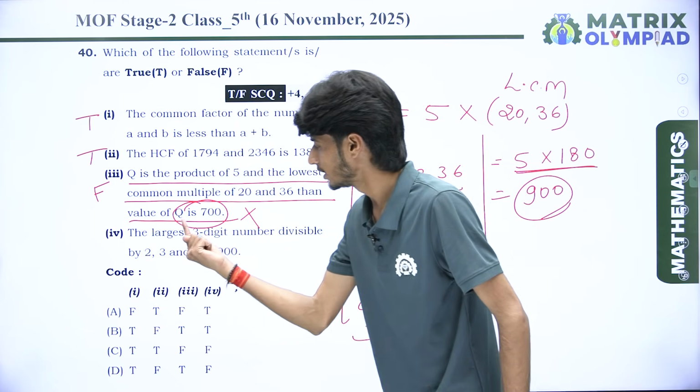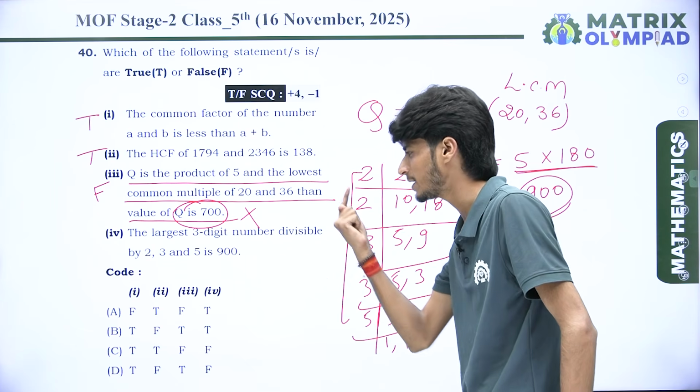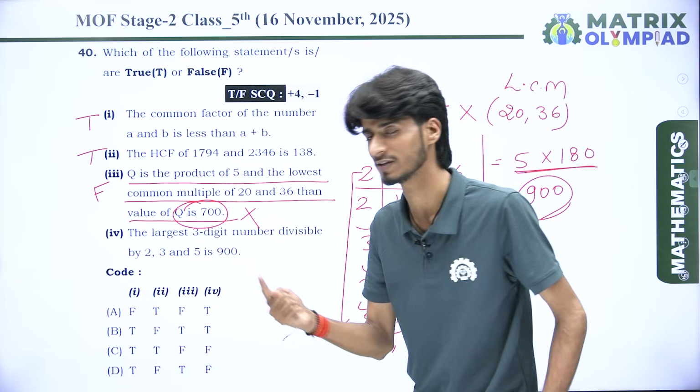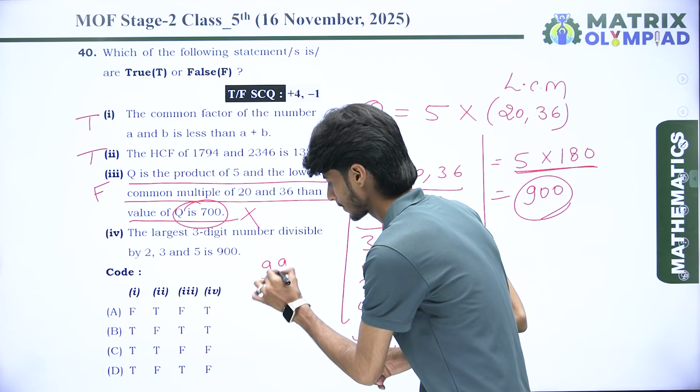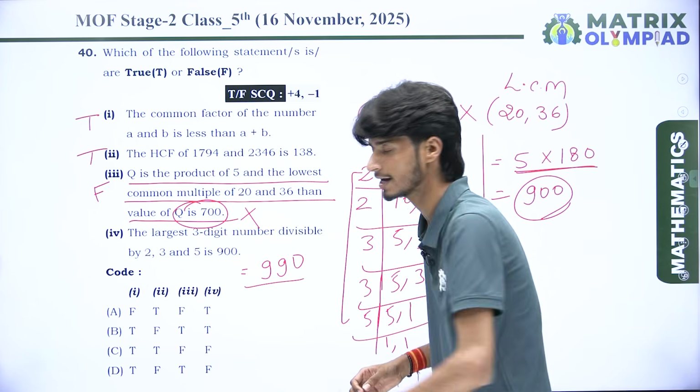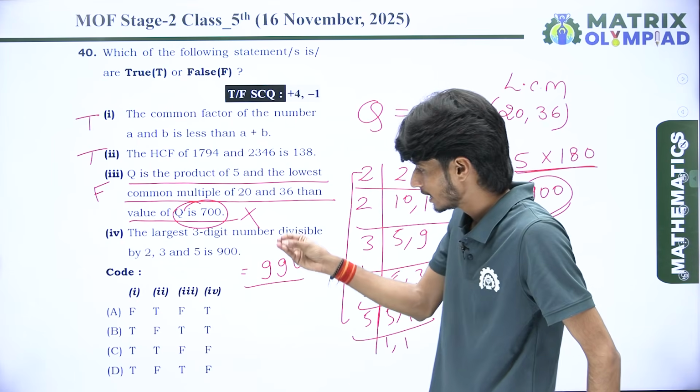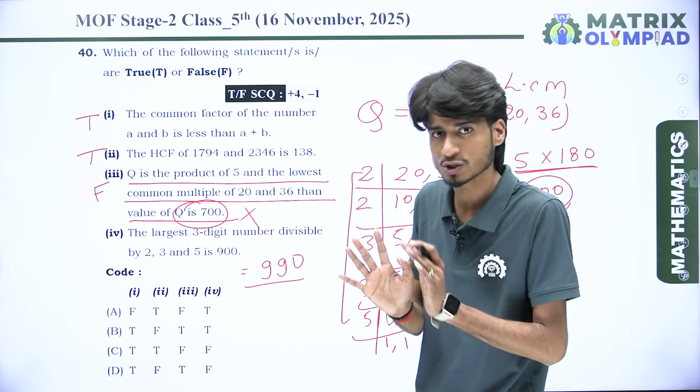What does it say? The largest 3-digit number divisible by 2, 3 and 5 is 900. Dear students, let's take an example: 990, which is greater than 900. Yes or no?